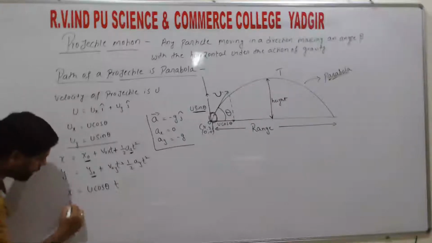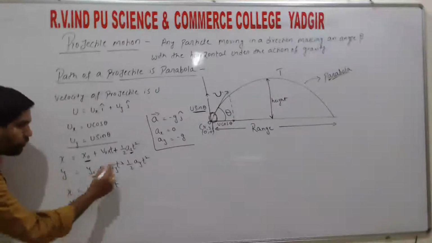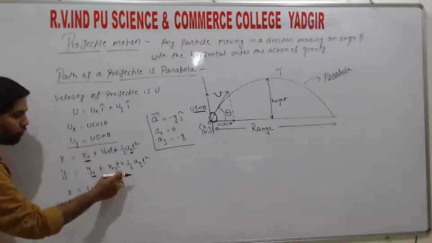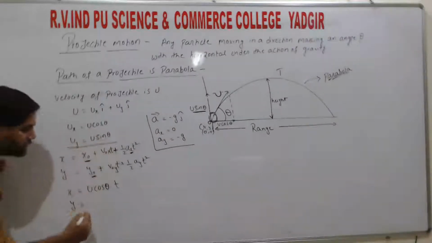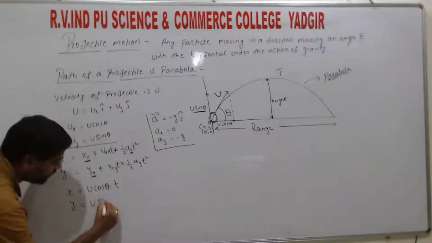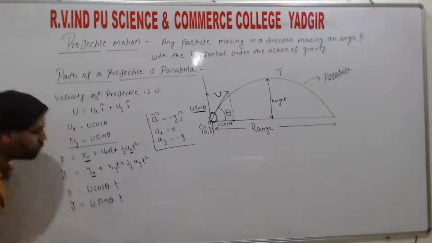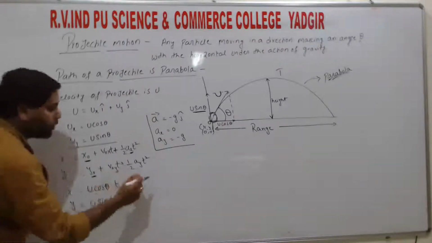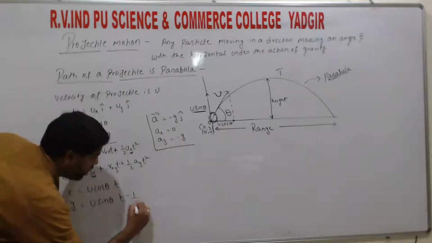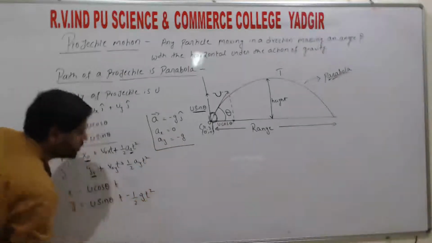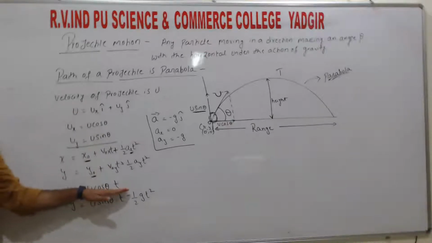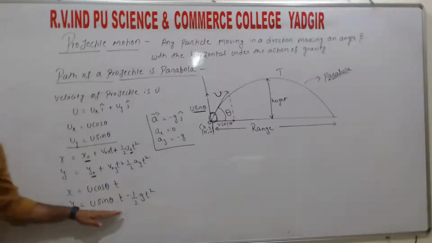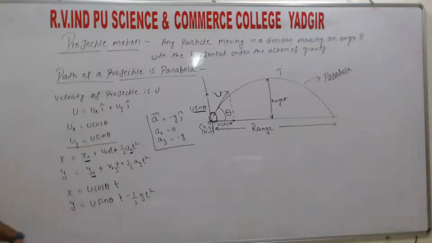Next, y equals y0, which is also 0, plus v0y t, where the velocity along the y axis is u sin theta, so u sin theta into t, minus half g t square, right? So x gives the displacement along the x axis, and y gives the displacement along the y axis, right?